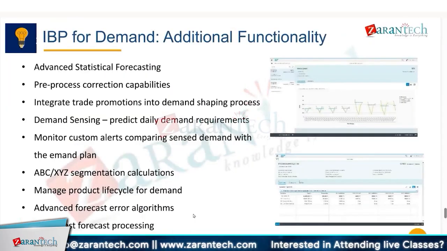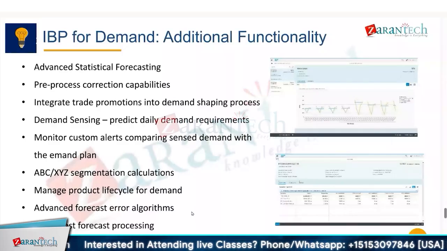Some of the additional functionality which IBP offers is advanced statistical forecasting. When I say advanced statistical forecasting, it only means that the number of algorithms is high. There are a lot of different levels of algorithm design, which give you different levels of output. Then we have pre-process correction capabilities.